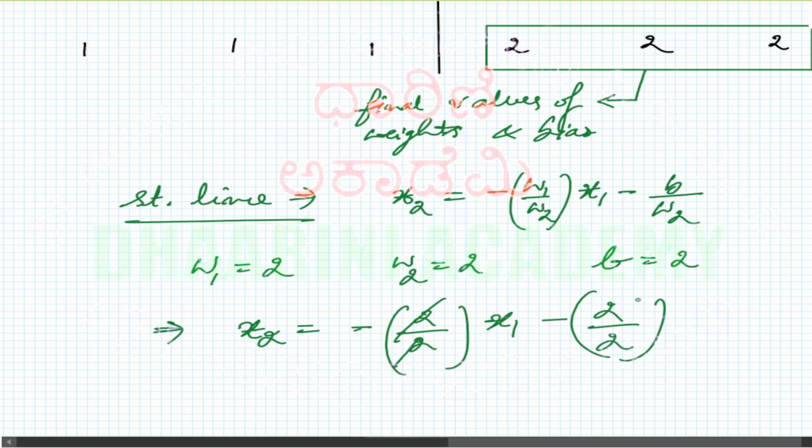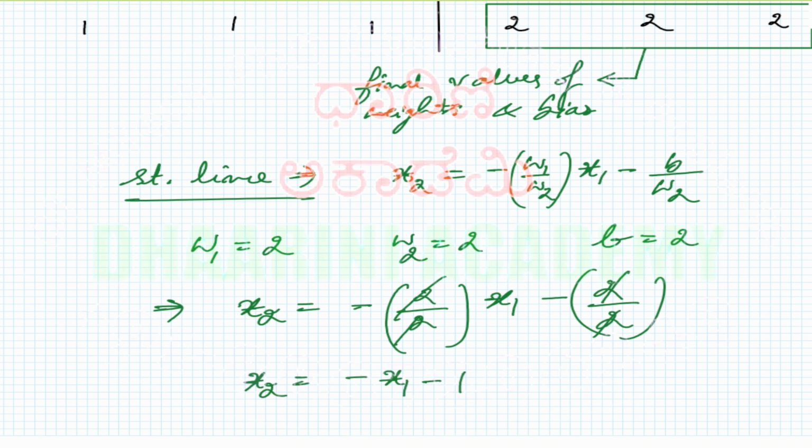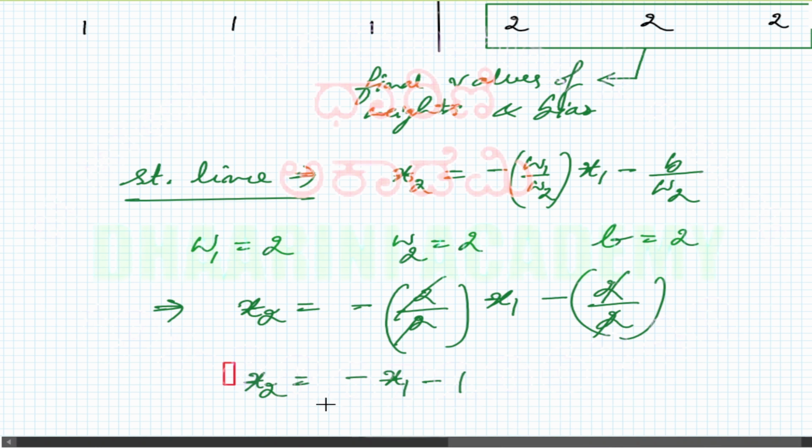So everything cancels, it's 1 by 1, it's 1. So what's the equation now? x2 is equal to minus x1 minus 1, correct? Right, so this means you can classify this problem.